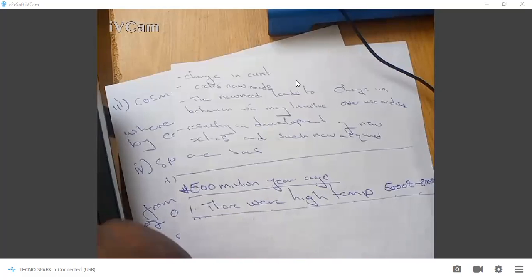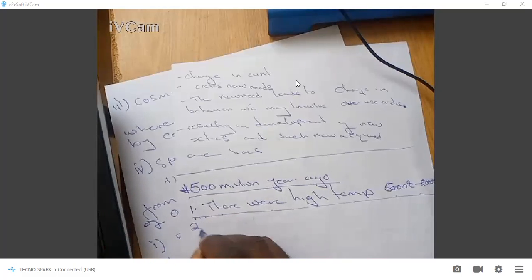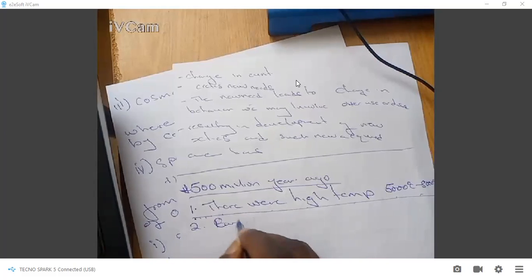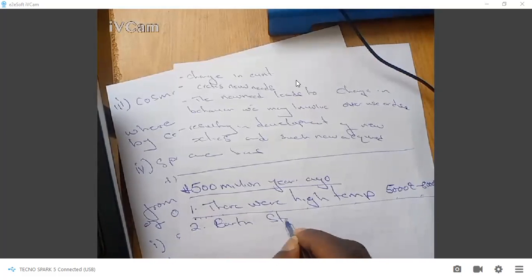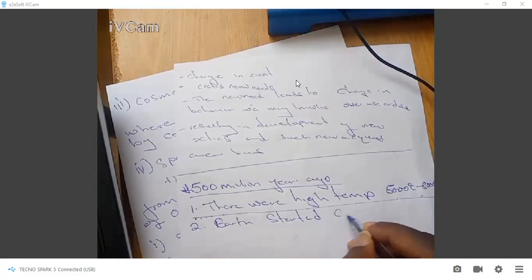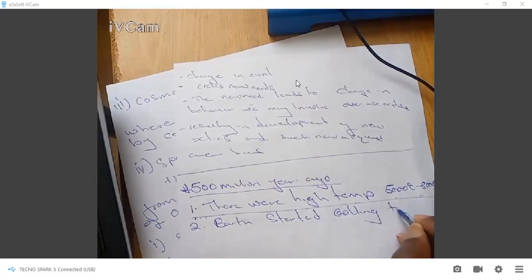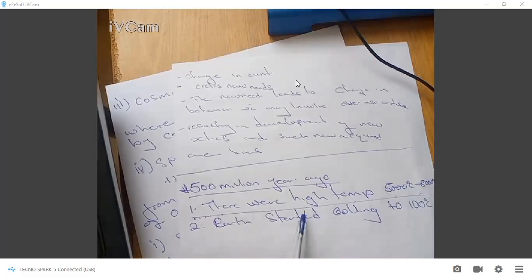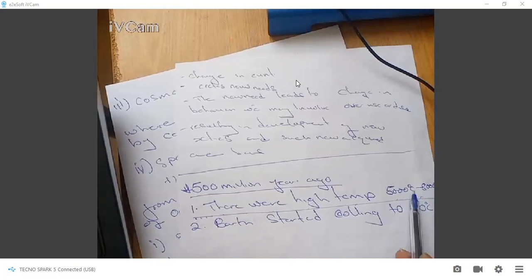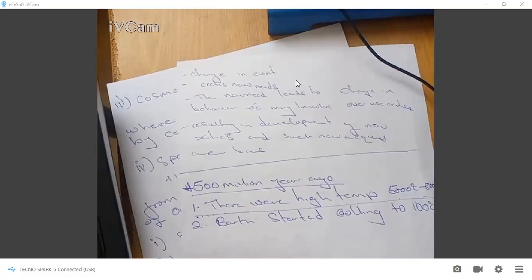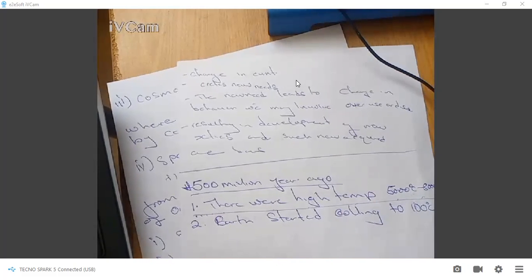But abruptly the conditions changed and the earth started cooling to 100 degrees Celsius. Imagine the earth's atmosphere cooling from this temperature to those temperatures.